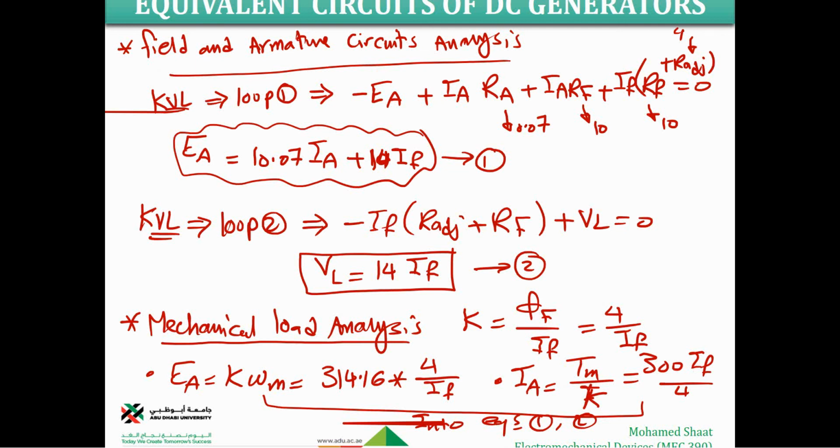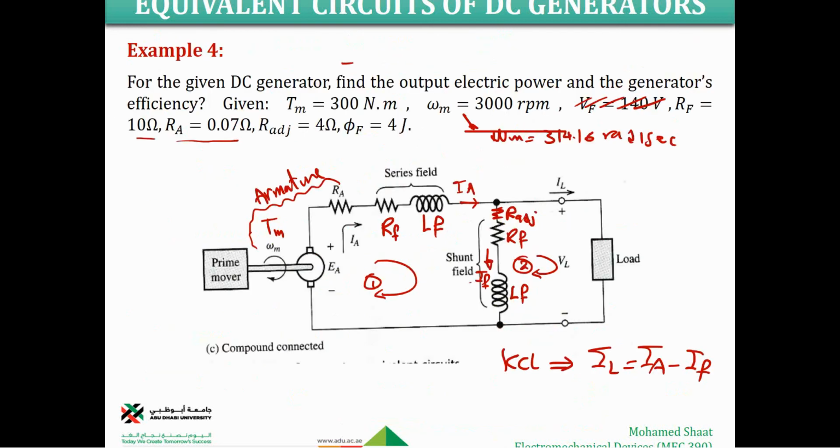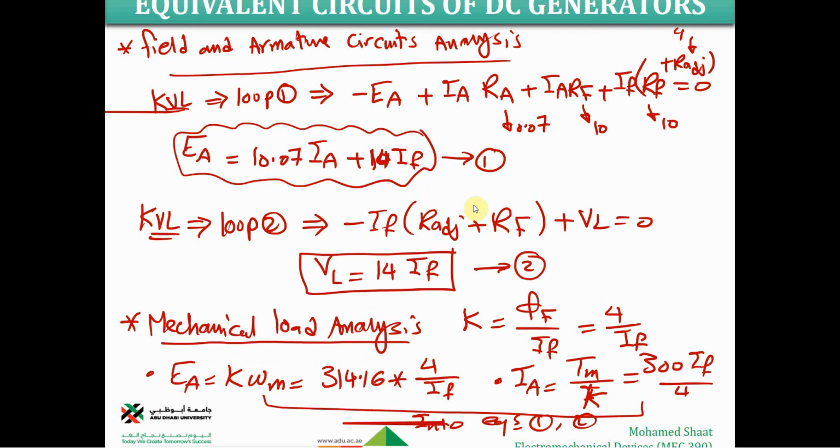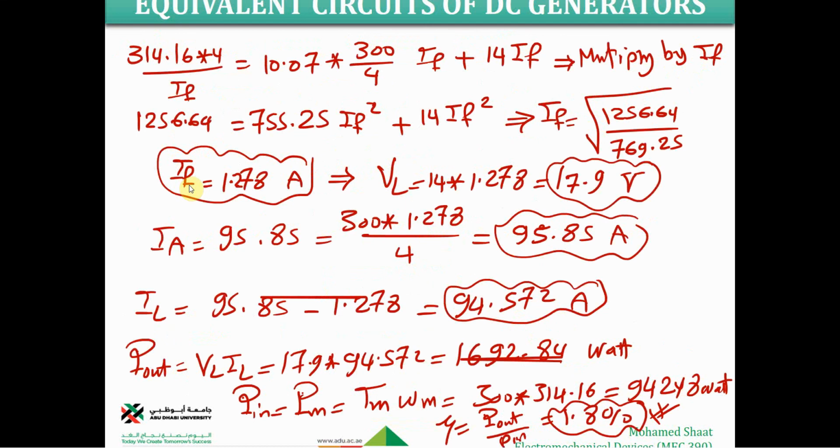So you have to double check again, and probably I've made some mistake in the calculation. But I think it should be fine because this is the first equation, and the second equation should be fine. If you go over this calculation one more time, you may find that this number is incorrect.